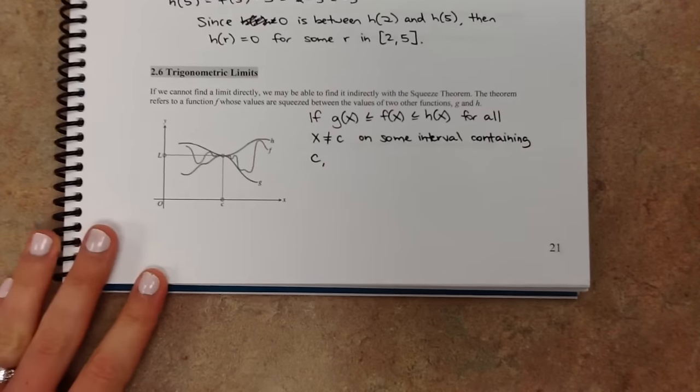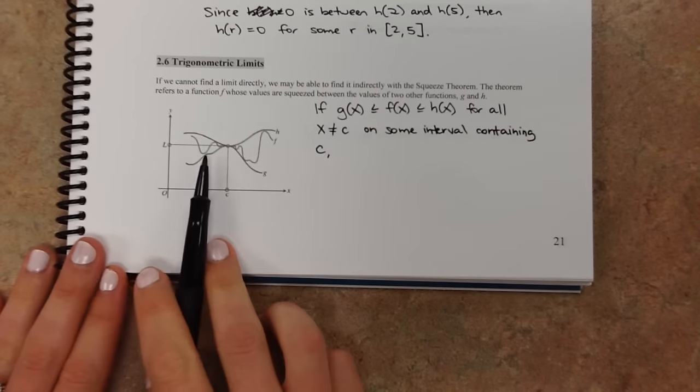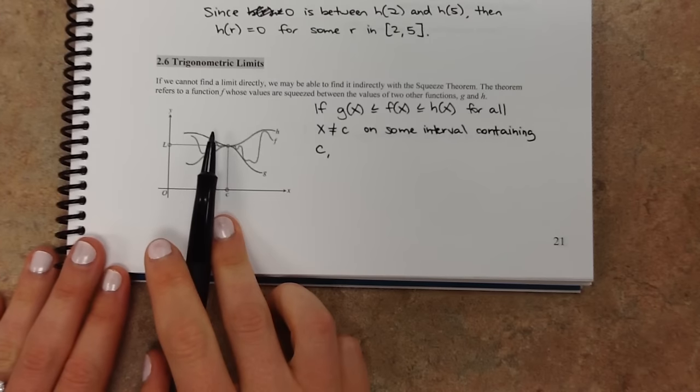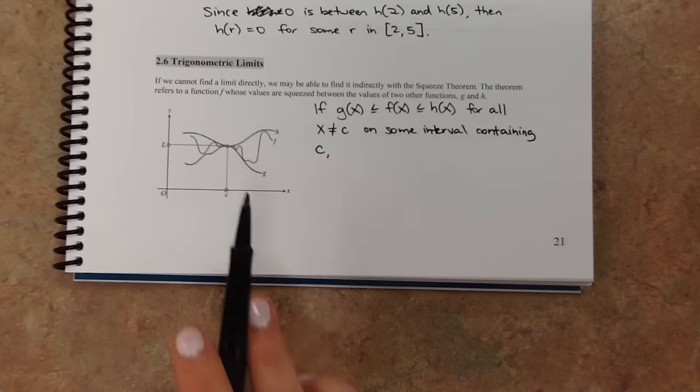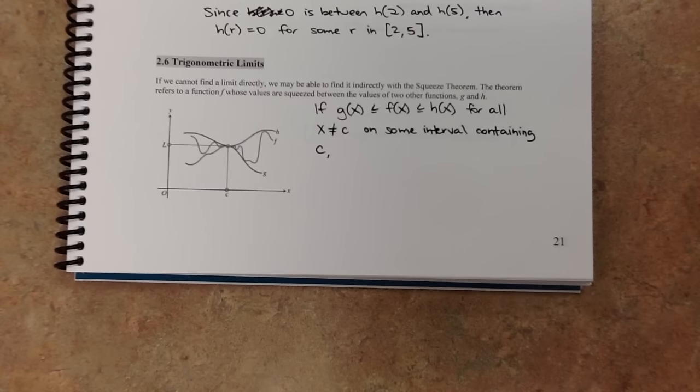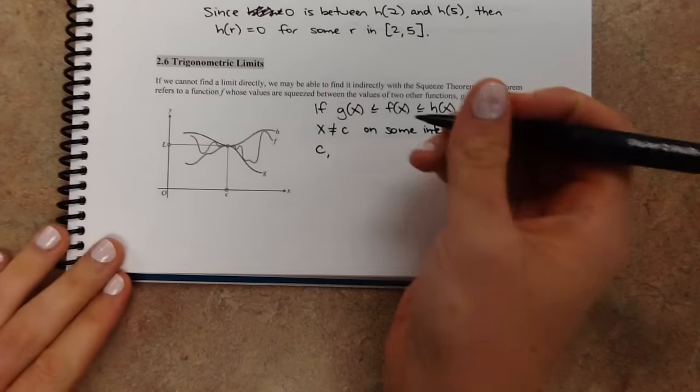Okay, so that's how the theorem starts off. So if g is always below f and f is always below h, for everything on this interval except maybe c, but we don't care about c. More importantly, there's probably going to be a hole there on at least one of the functions.